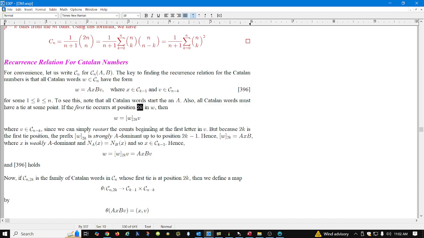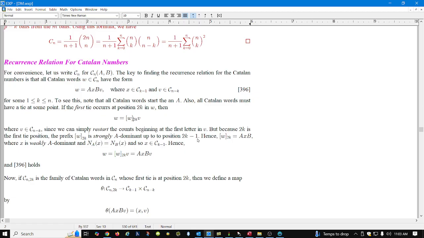Because 2k is the first tie position, the prefix here is strongly A dominant right up to the end. There are no ties in this region from the first character to the character at position 2k-1.